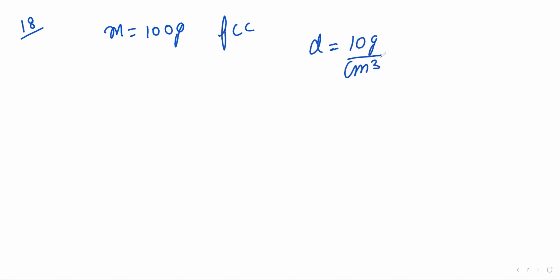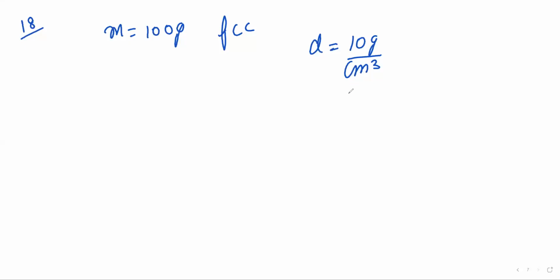Now look at question number 18. So number of atoms in 100 gram. So mass is given, that is 100 gram of atoms, right? It is following the face centered cubic crystal structure, with density how much? It is 10 gram per centimeter cube.